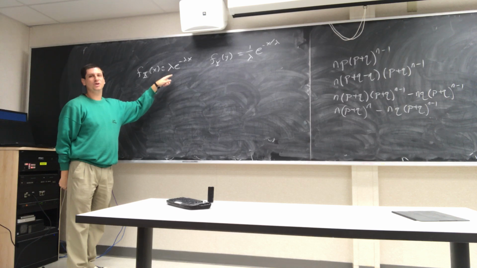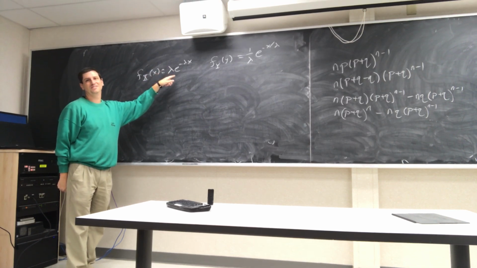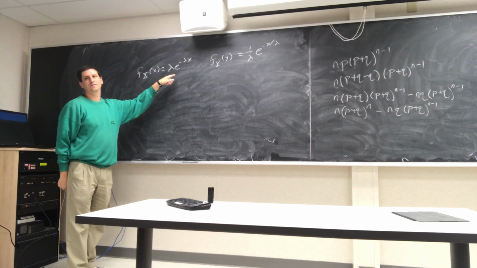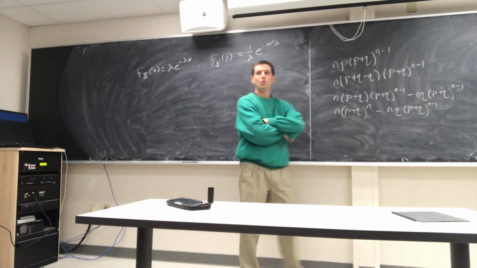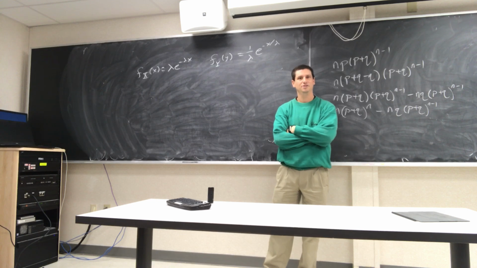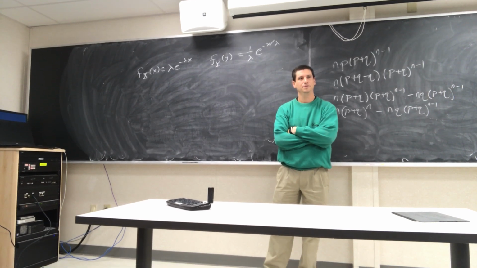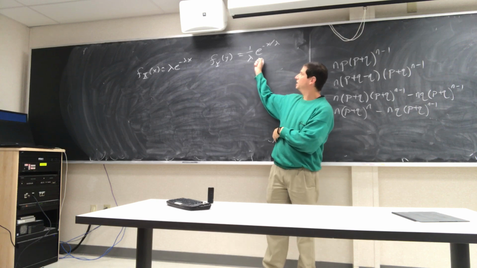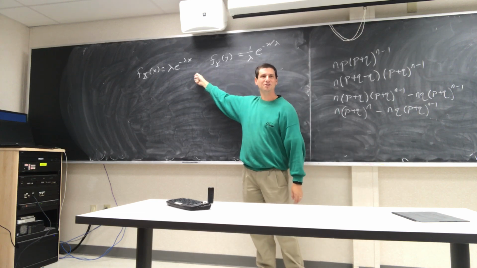The reason I don't like this one is, what is the interpretation of lambda in this? Well, it's a constant, but it's your parameter for the distribution. What's the interpretation? In this one, lambda, I believe, is the mean. In this one, lambda is the reciprocal of the mean.